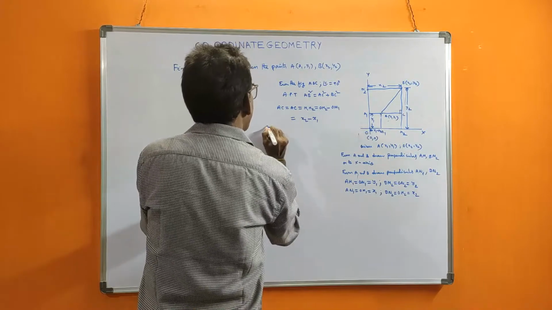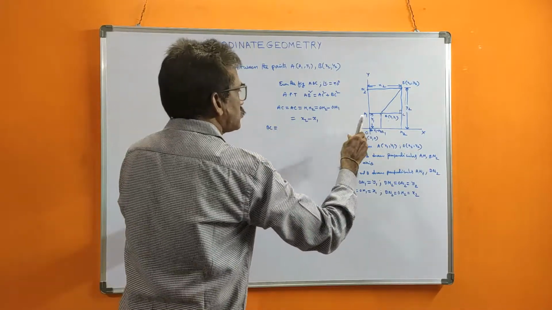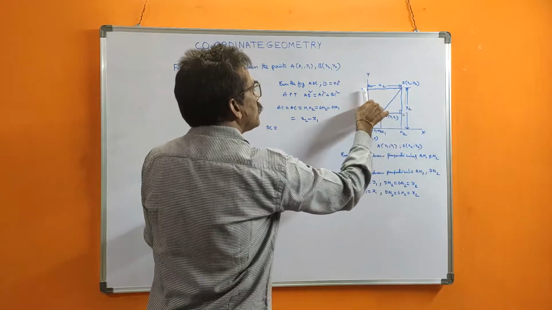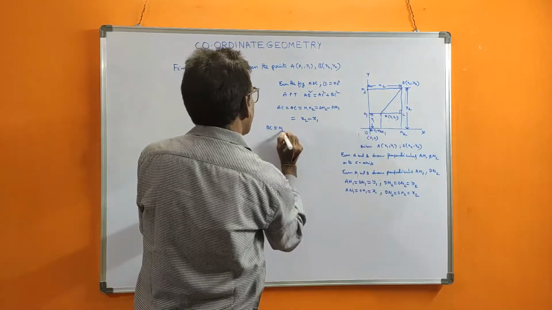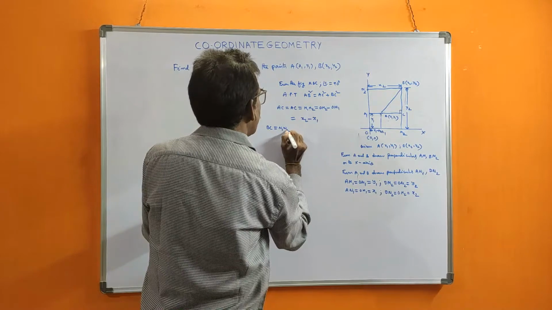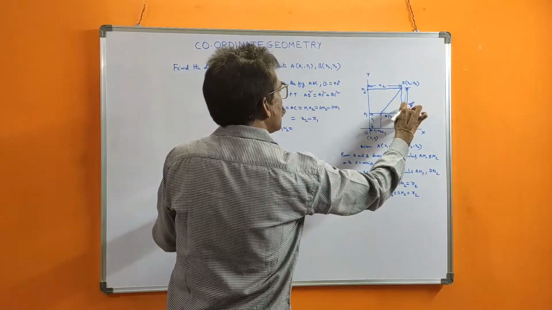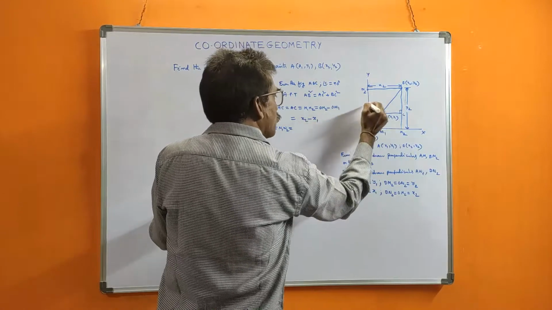Now for BC, you write: BC is equal to N1N2.